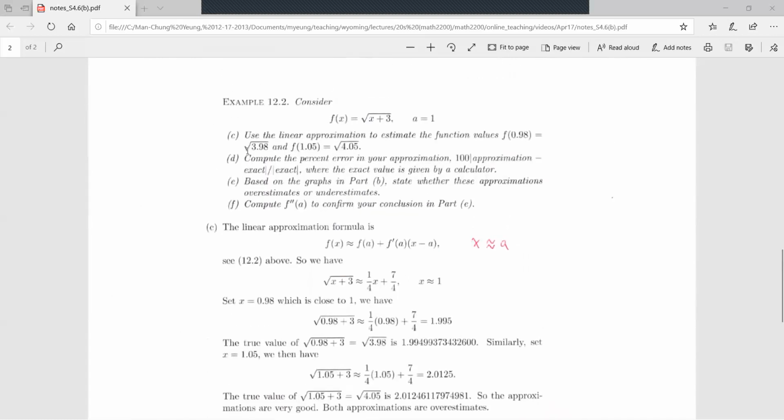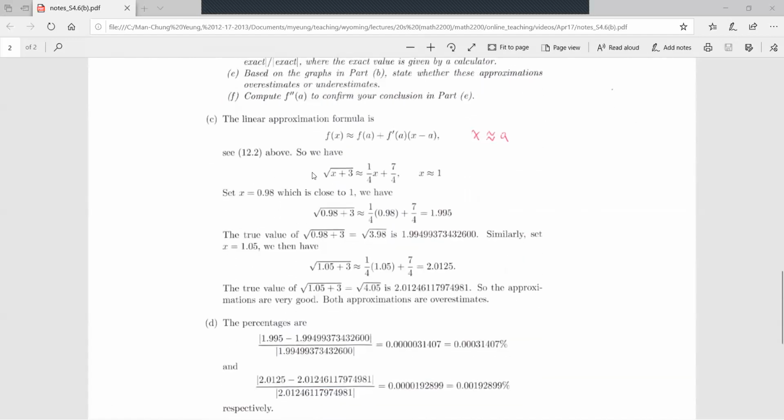Part D. Compute the percentage error in your approximation in part C. The percentage error formula is approximation minus the exact value, then divided by the exact value. Actually, this is the relative error.